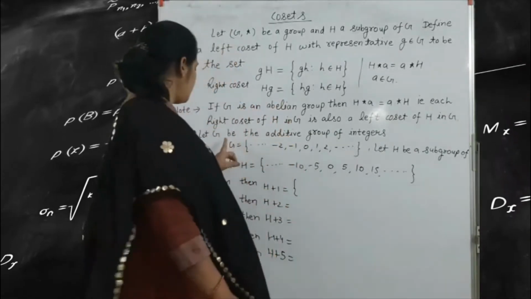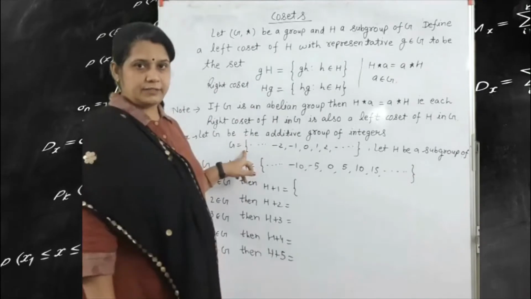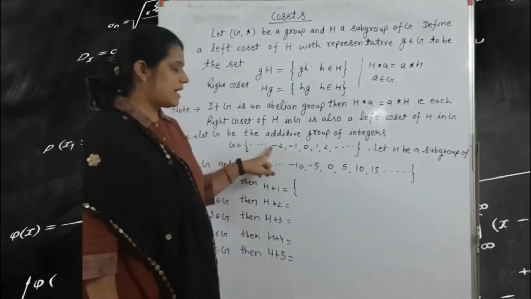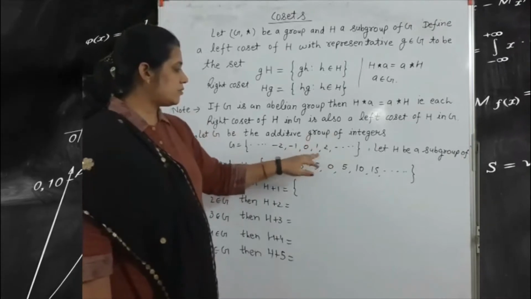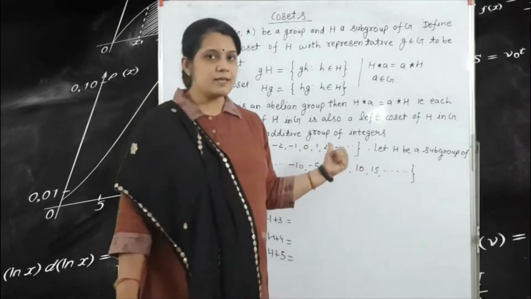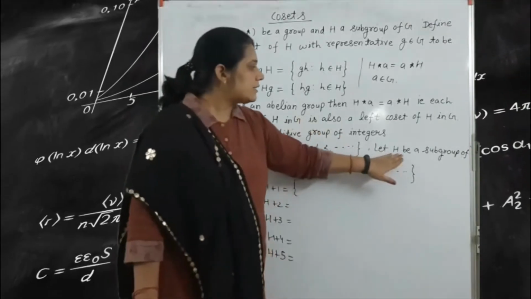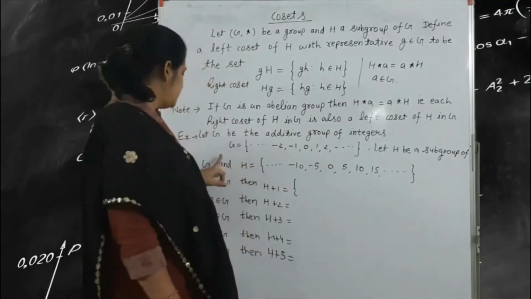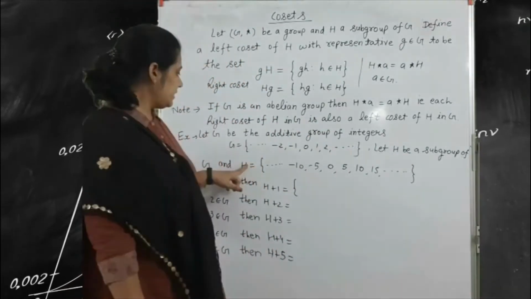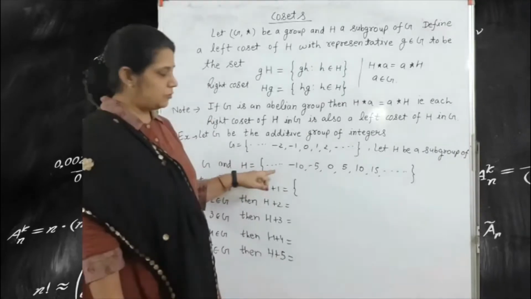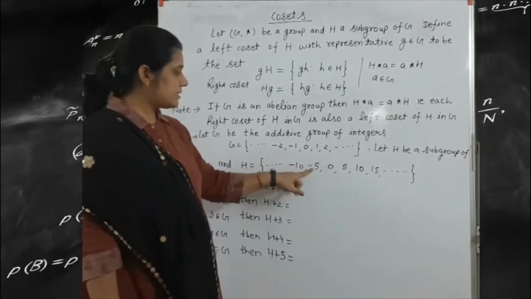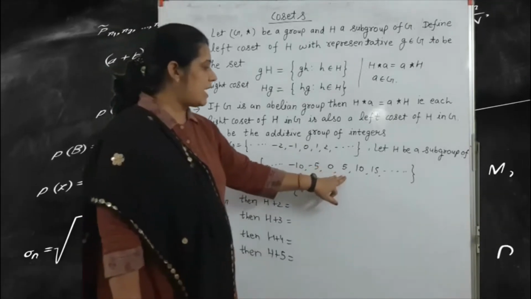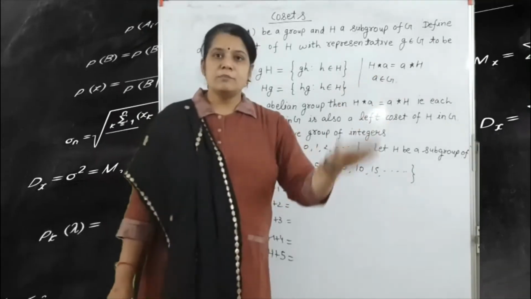Here capital G is given as minus infinity to plus infinity, that means minus 2, minus 1, 0, 1 and 2. This is the group G. Let capital H be a subgroup of G, and capital H is given as minus infinity to minus 10, minus 5, 0, 5, 10, 15 up to plus infinity.